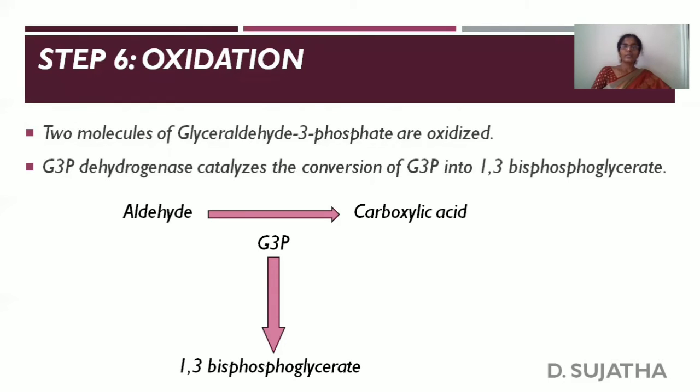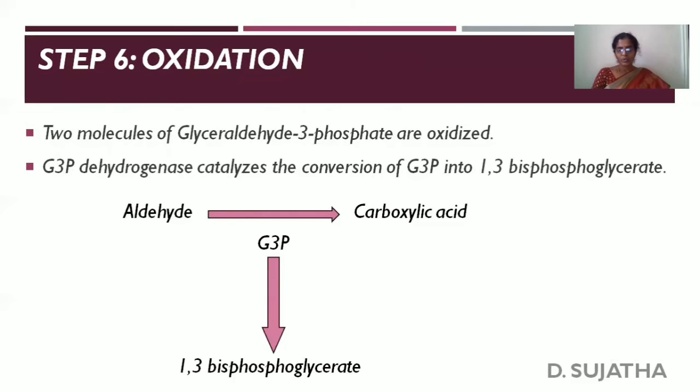Glyceraldehyde 3-phosphate dehydrogenase catalyzes the conversion of G3P into 1,3-bisphosphoglycerate. So here the oxidation of glyceraldehyde 3-phosphate takes place in the presence of G3P dehydrogenase and forms 1,3-bisphosphoglycerate.